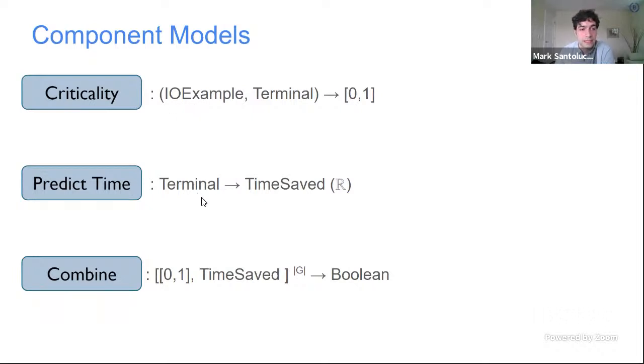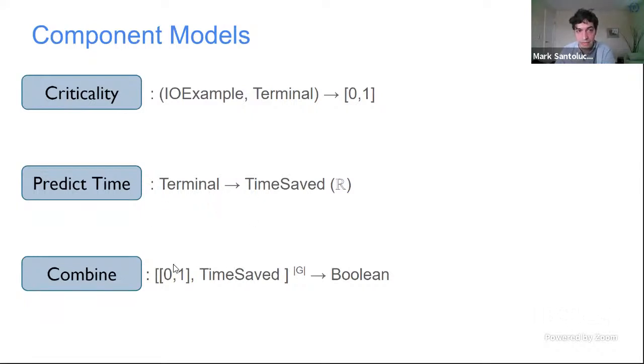And then for predicting time, we're saying, okay, just in general, how much time does it add to our solver if we include this new terminal? So if we were to remove this terminal from the grammar, let's say we're using CVC4, how much time could we save by removing this terminal from the grammar ahead of time?